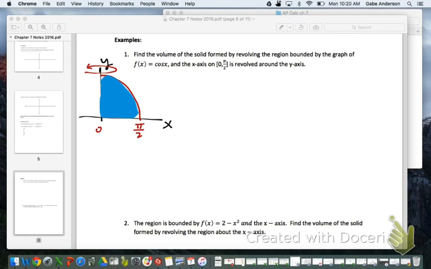Okay, so if you remember from before, the representative rectangle has to be perpendicular to the axis of rotation. So I have to draw in a representative rectangle that looks something like that, that is perpendicular to the axis of rotation, making this a dy thick rectangle, or dy wide.